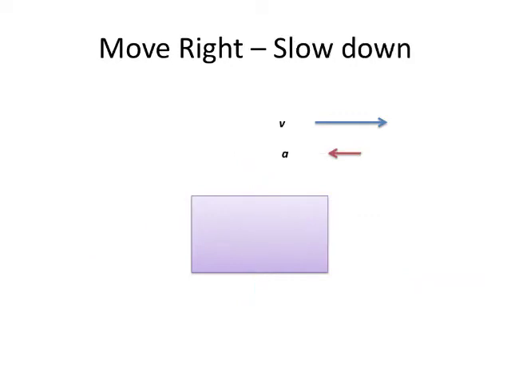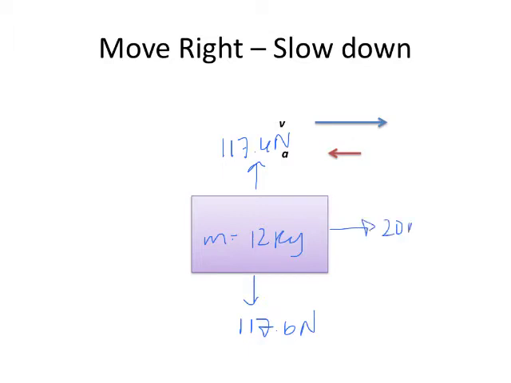So moving to the right and slowing down, same mass, so same force of gravity and normal force. Except this time, if we have 20 newtons of force to the right, saying that's our force applied, the force of friction has to be higher.